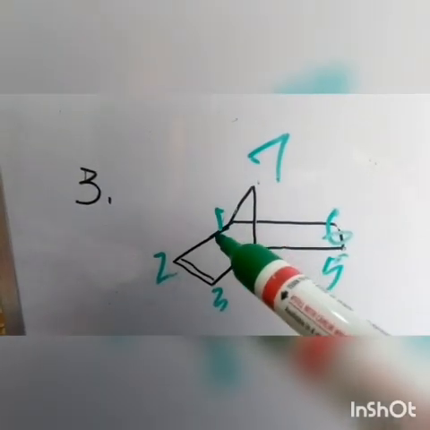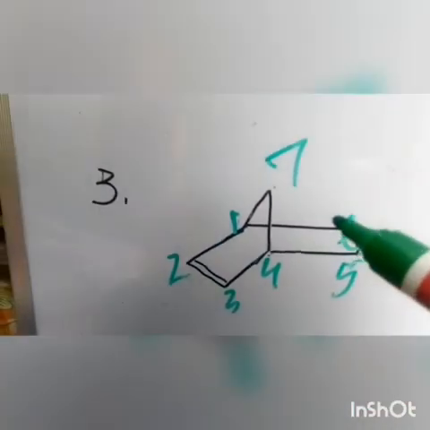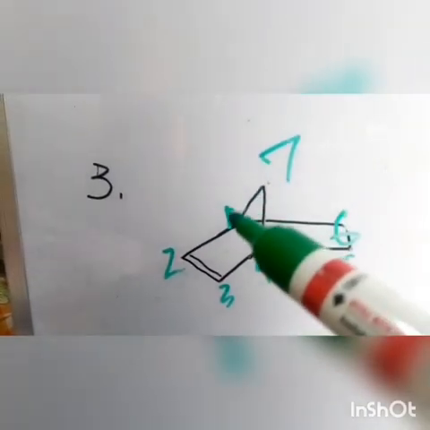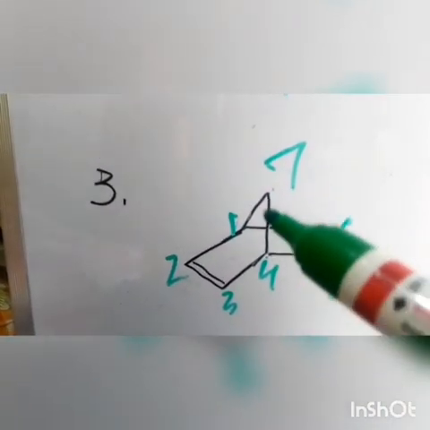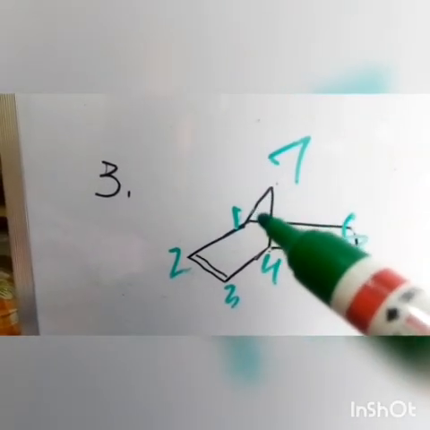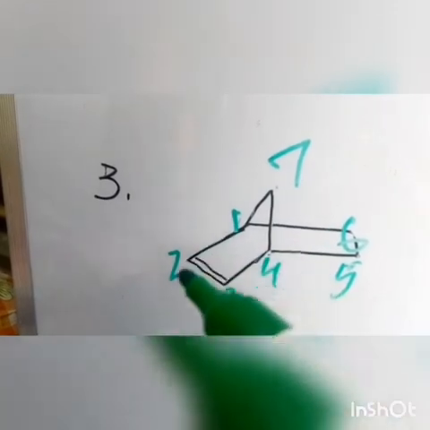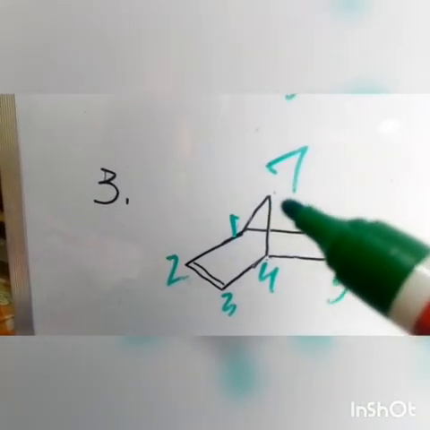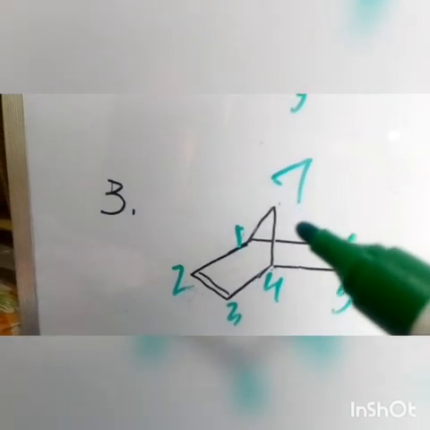This ring contains 2 carbon atoms, this ring contains 2 carbon atoms, and this bridge contains 1 carbon atom. So its name should be bicyclo 2 2 1 hept-2-ene.